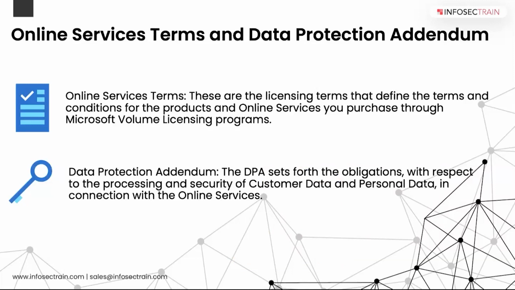So this will be the obligation by both parties to respect while processing and securing customer data and personal data. This OST applies specifically to Microsoft's online services that you license through subscription, including Azure, Dynamics 365, Office 365, Bing Maps, all these things.